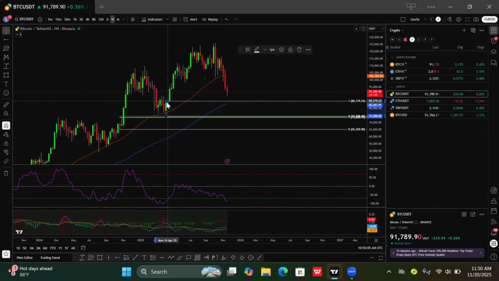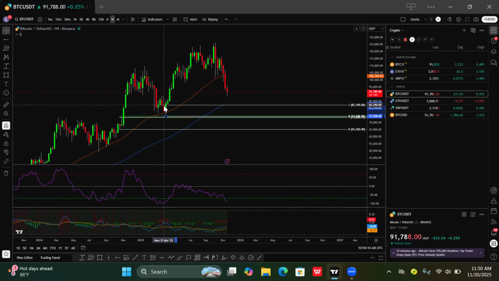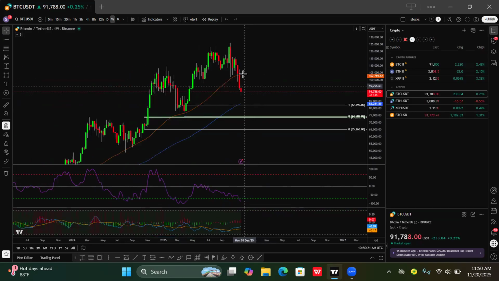If you want to, you can do this. But since they are all within the range of this candle, I would just add this one. Now you can be more aggressive and do this. Bitcoin is a very volatile asset, so you can be more aggressive and do that.